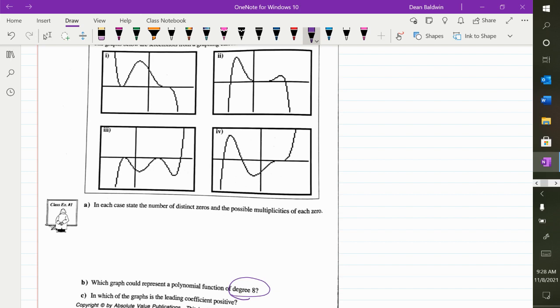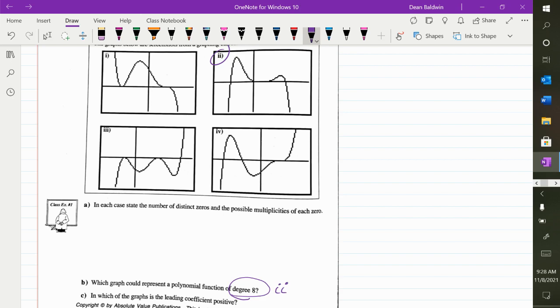Not 3, Jack. Okay, can 1 be degree 8? If it's an even degree polynomial, what do both arms need to be doing? They go in the same direction, right? So the only one that works is 2.